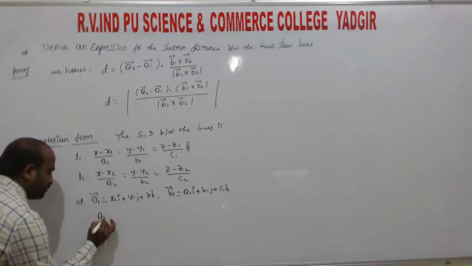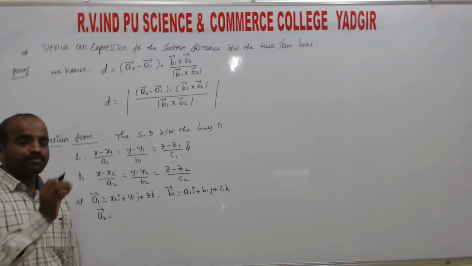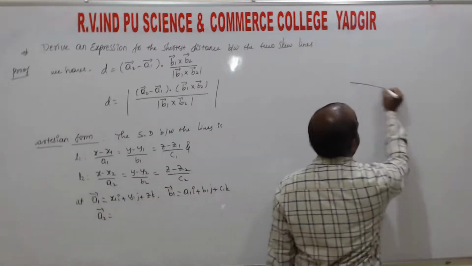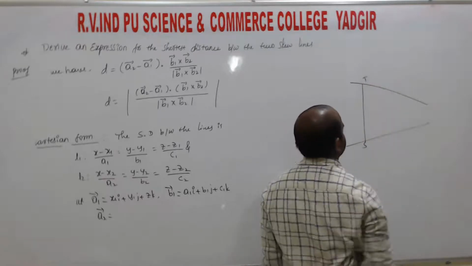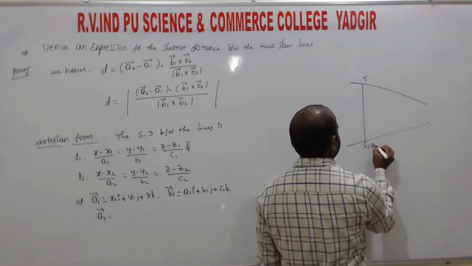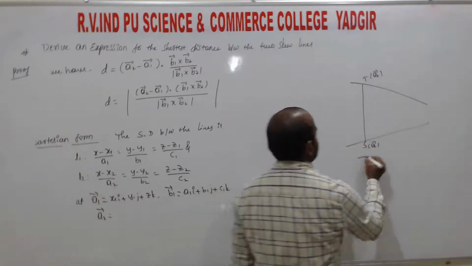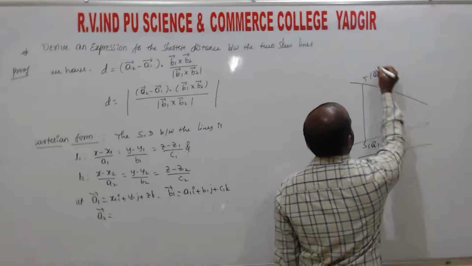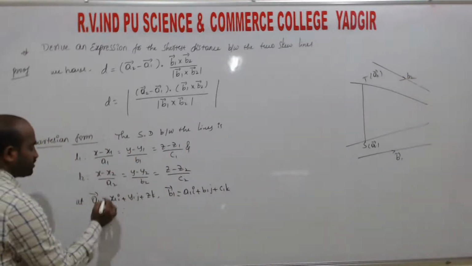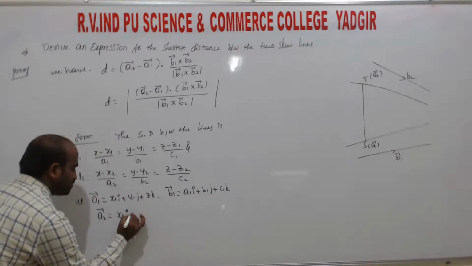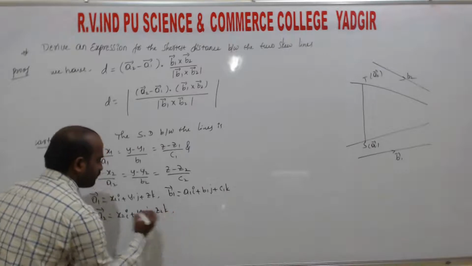Next, A2. The line L2 passes through the point T. A2 is x2 i plus y2 j plus z2 k.